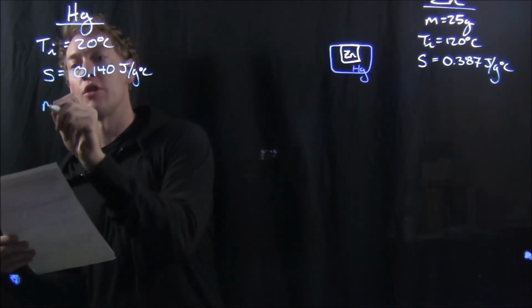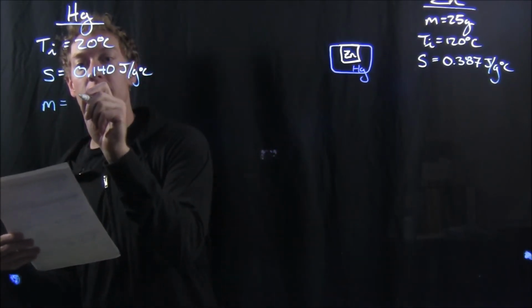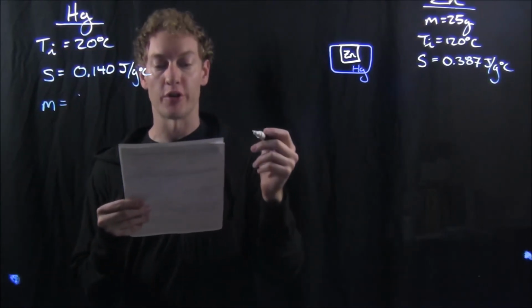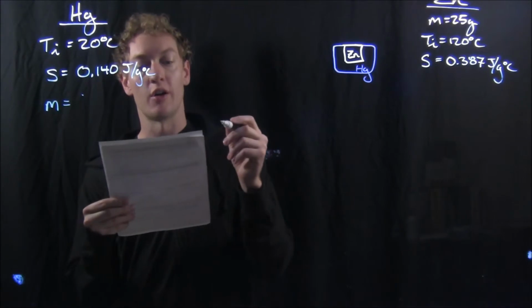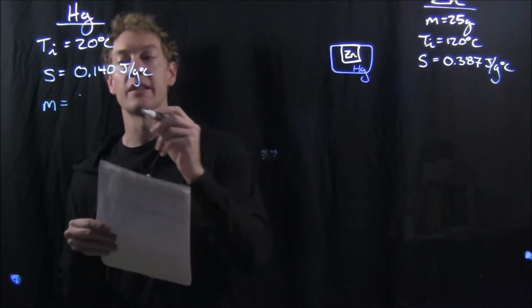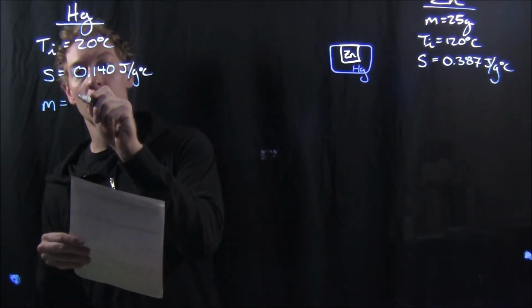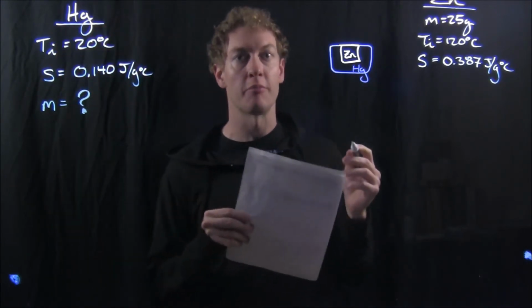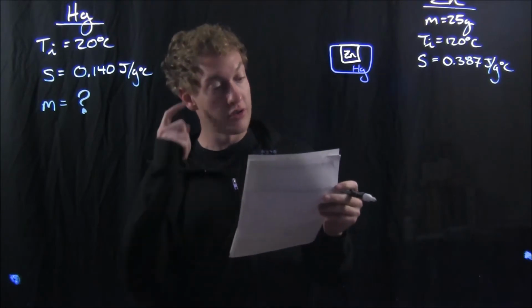So that means I am solving for mass, how many grams of mercury would have to be used in order for the two temperatures to meet in the middle? So the mass of the mercury is our big unknown. That's what we are solving for.